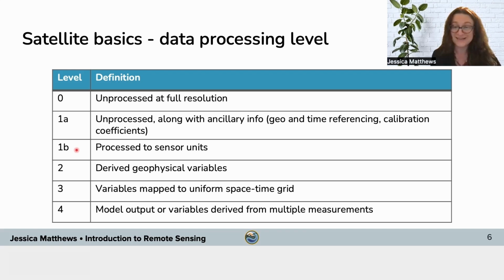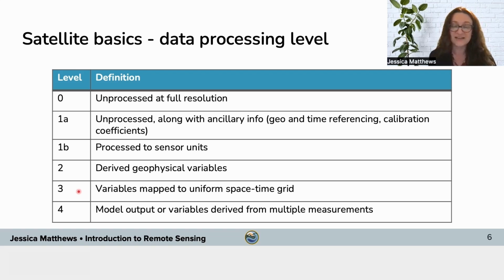Level 1B data takes it another step further and processes it to sensor units. Level 2 data is the derived geophysical variables. That would be the output from our previous slide of that model.